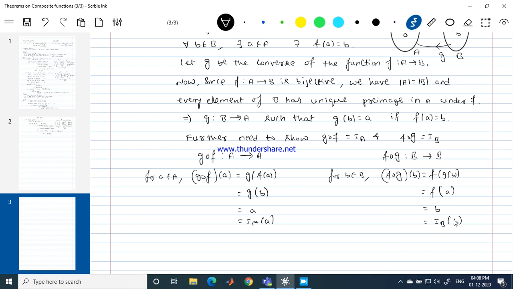IB of B, because IB is an identity function defined on B, and B is one element present in set B. So IB of B becomes B. So we proved for these two functions domains are same, codomains are same, and they are acting same on every element taken from the domain B. So that proves, so therefore G is inverse of F, hence F is invertible.